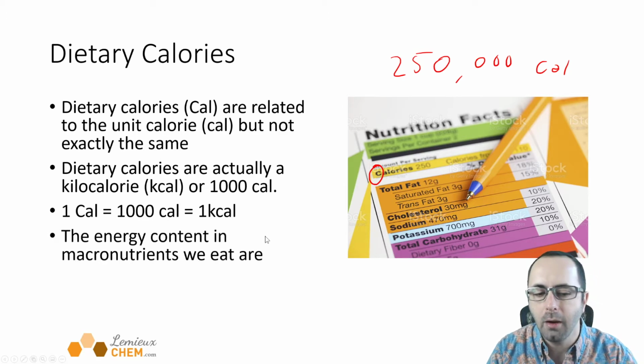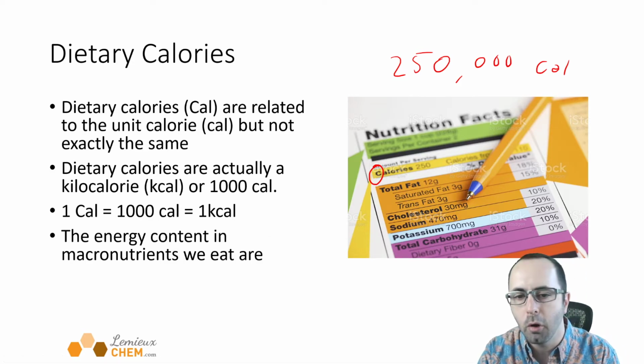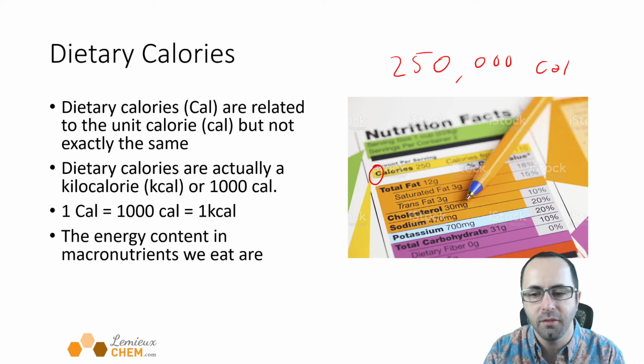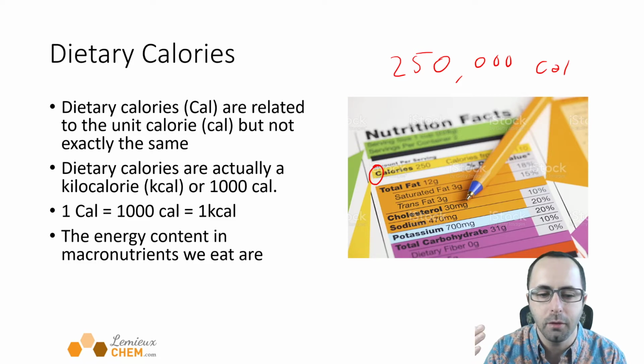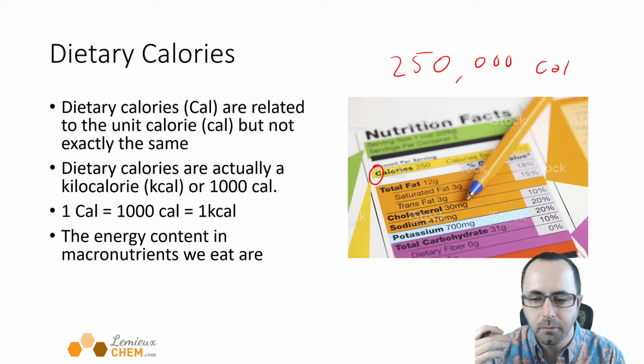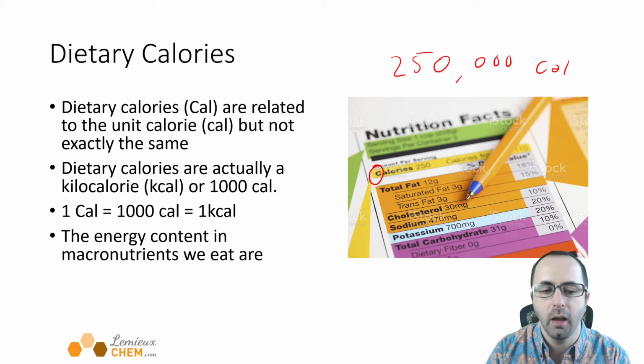In terms of macronutrients that we eat, the macronutrients are proteins, carbohydrates, and fats. That's where we get our calories from, for the most part. How many calories are in a certain amount of protein or carbohydrates?